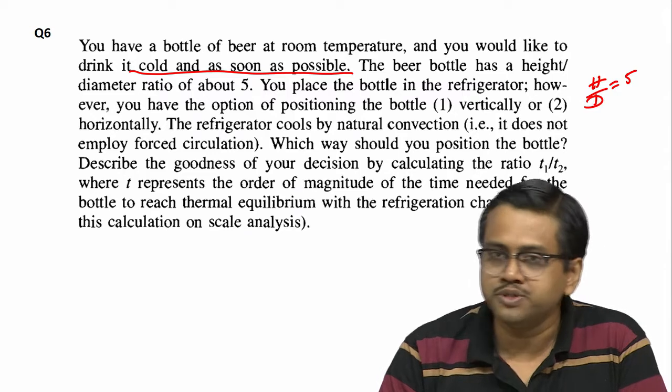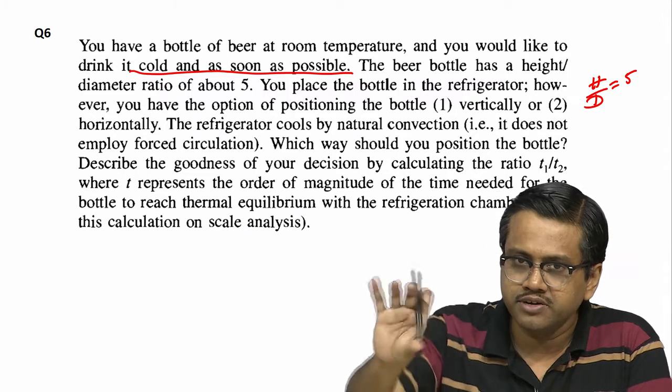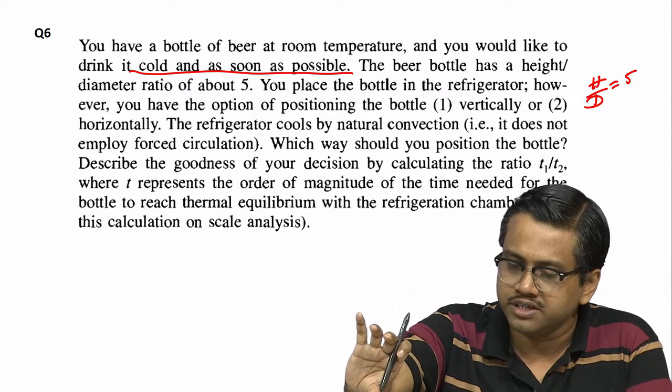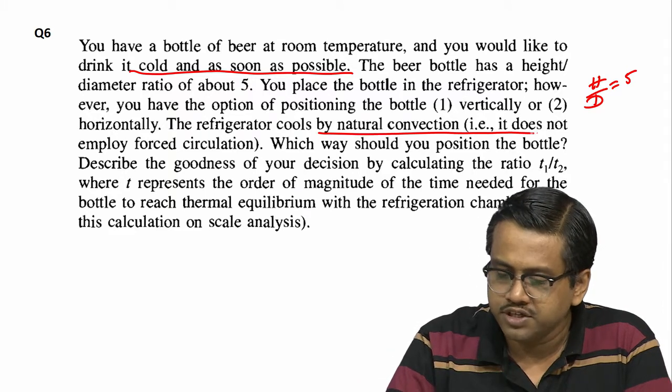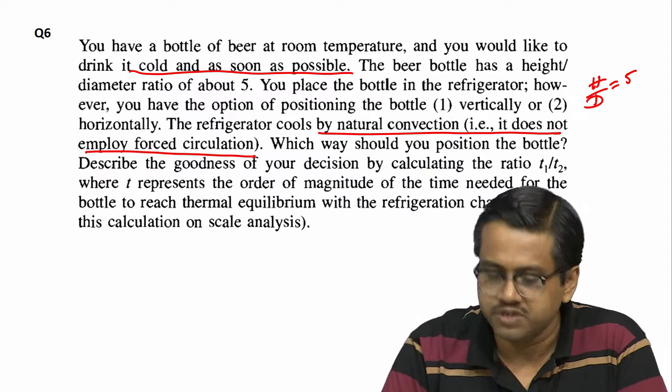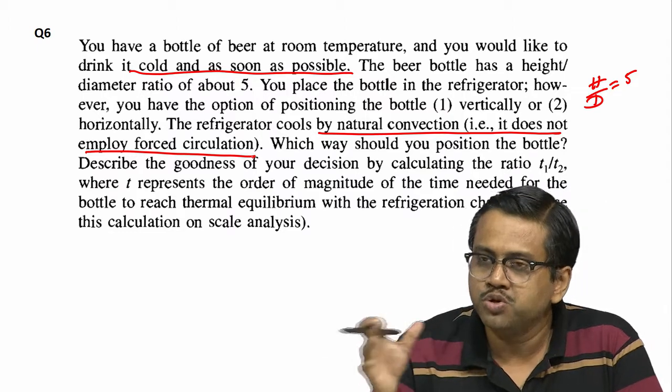Now, you have two options: you can place the bottle vertically or horizontally. The refrigerator cools by natural convection, that is, it does not employ forced recirculation. Which way should you place the bottle?